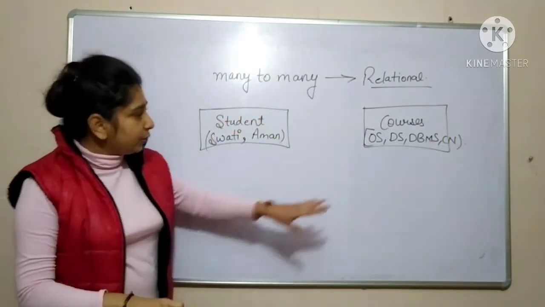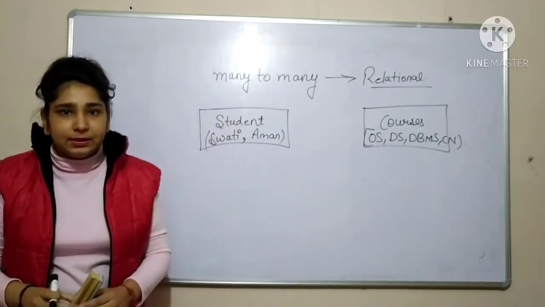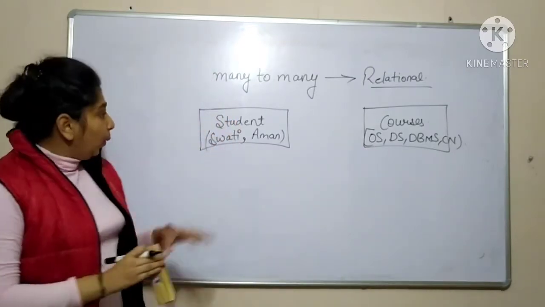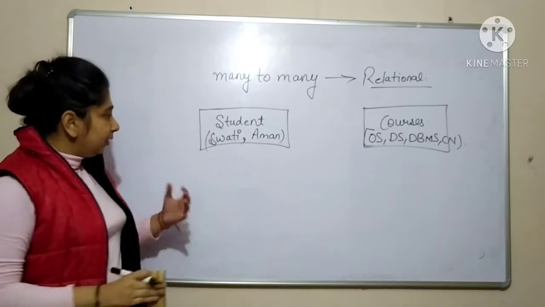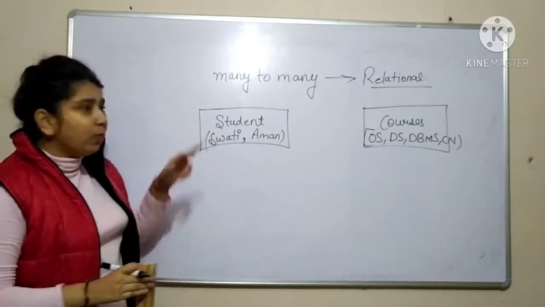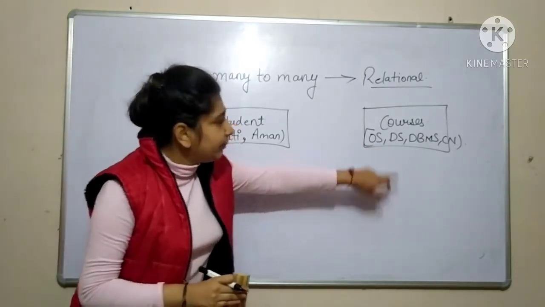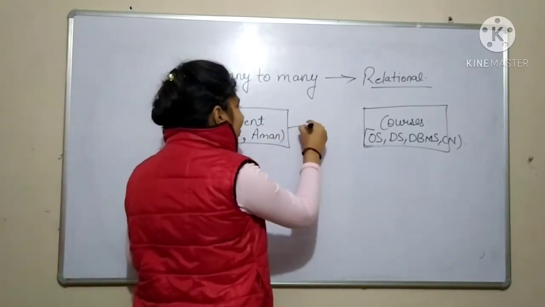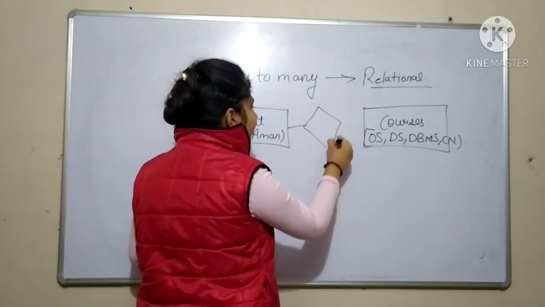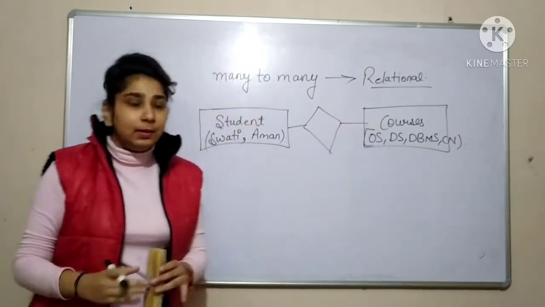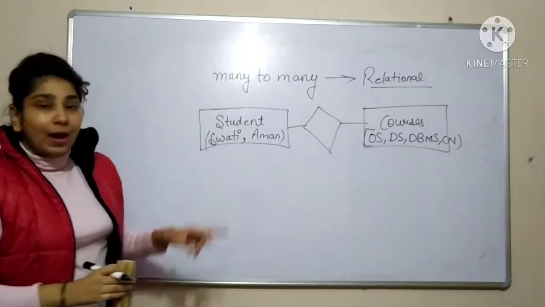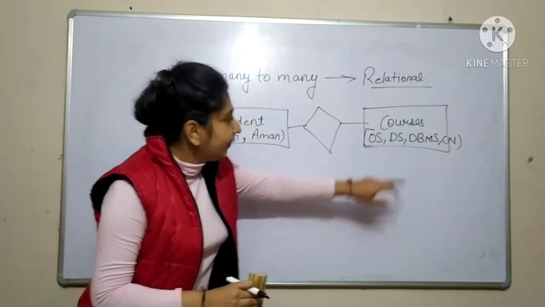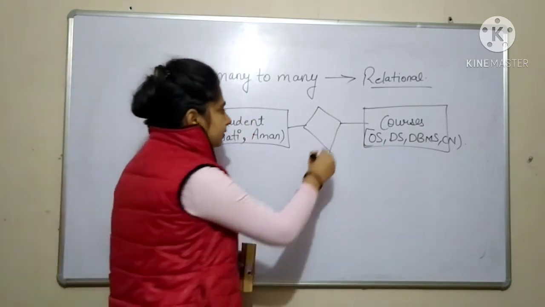So these four courses are present. So one student obviously can study many number of courses. So what kind of relationship do we have between these two entities? One student can study many number of courses.